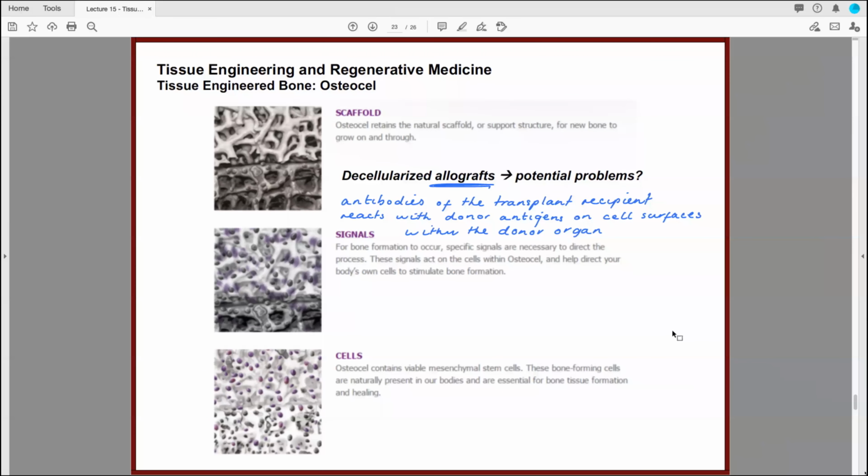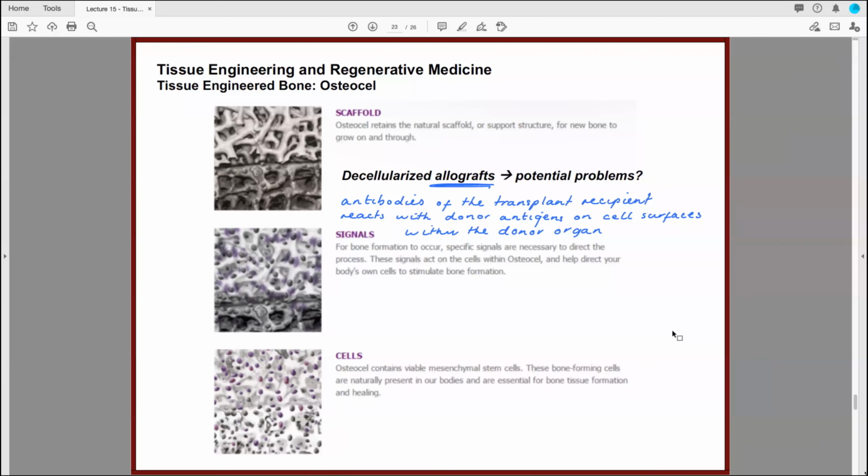So the antibodies of the transplant recipient react with the donor antigens on the cell surfaces within the donor organ. So they can often be rejected. So that decellularization is a process of isolating the extracellular matrix of a tissue from its inhabitant cells. So that leaves an extracellular matrix scaffold for the original tissue to grow.